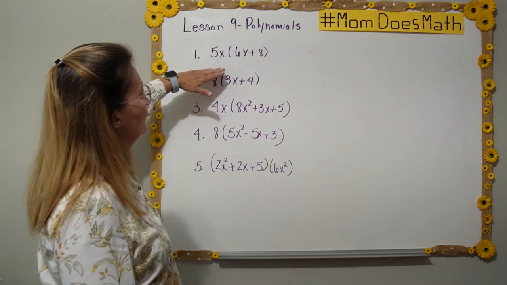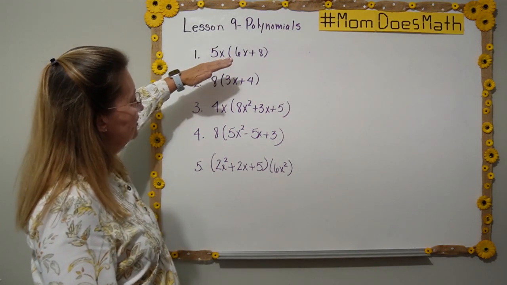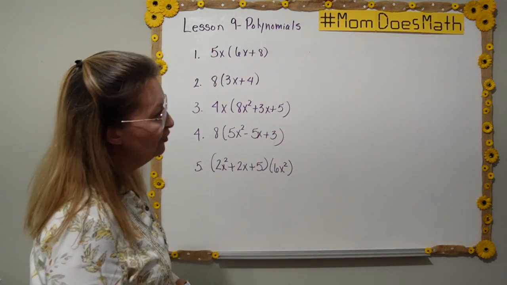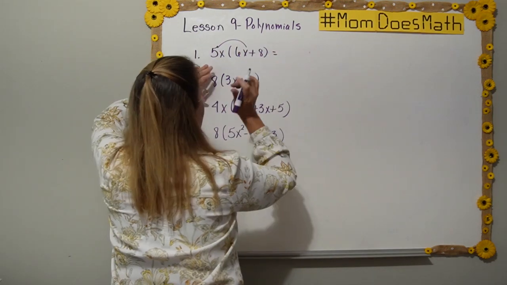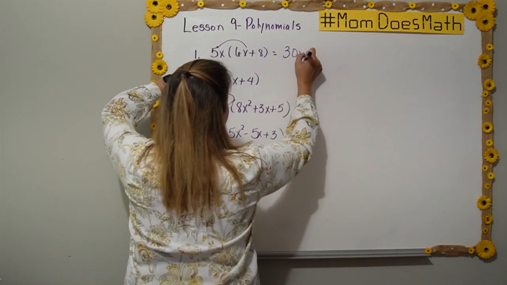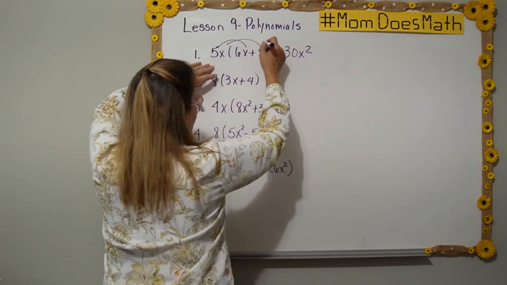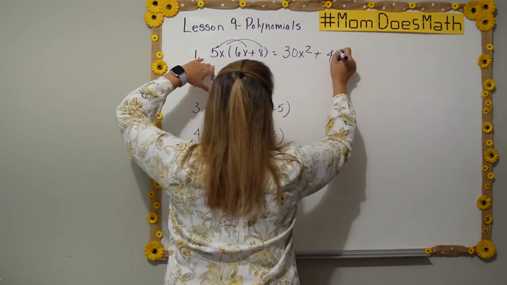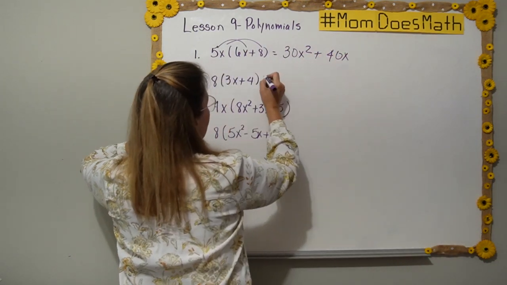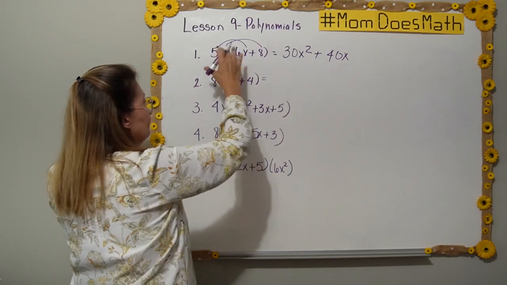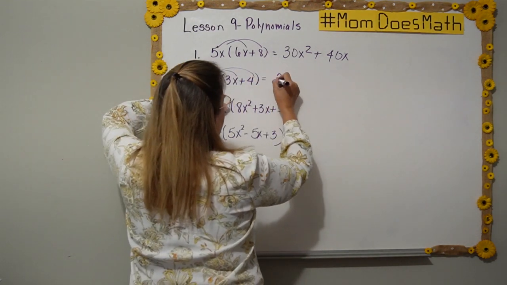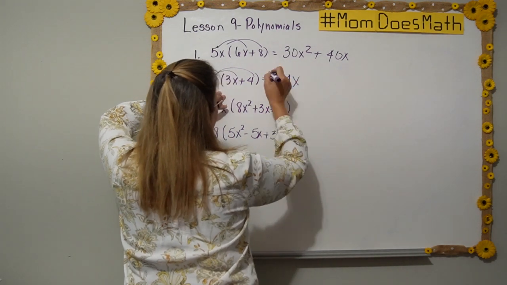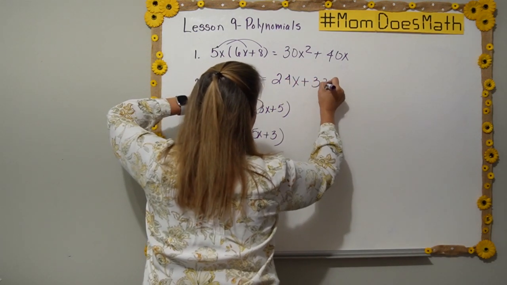So, all right, let's look at these first 5. What you want to do is just distribute whatever is outside the parentheses times whatever is inside, and you just have to be careful. 5x times 6x is 30x to the second, and 5x times 8 is 40x. Nothing can be combined, so it's just straight distributing. All right, here, 8 times 3x is 24x, and 8 times 4, 32.